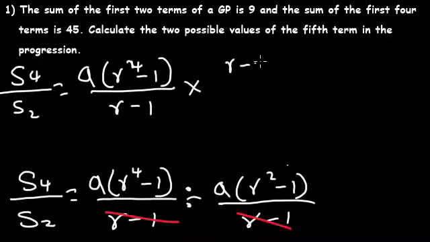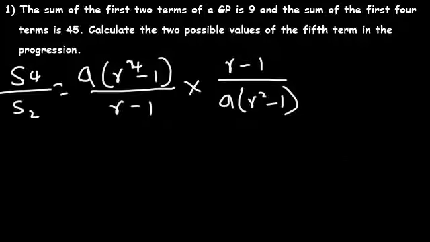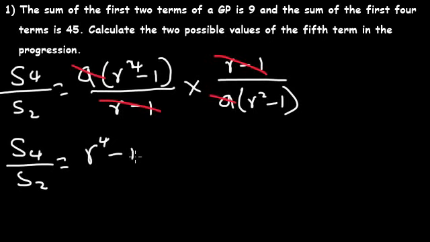So that's r minus 1 divided by a multiplied by r squared minus 1. Now clearly you can see that this cancels, and the a value as well. Perfect. So what is left over is S of 4 over S of 2 equals r raised to power 4 minus 1 divided by r squared minus 1.